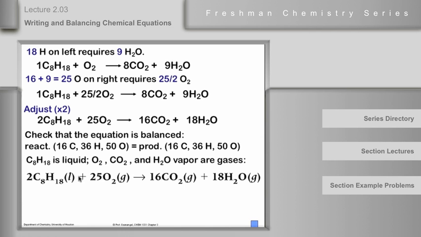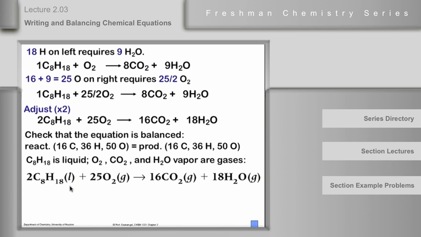So sometimes it's written with, for each one of these things, an L in parentheses or a G or an S indicating the state. That's not part of balancing the equation. Okay? And we don't necessarily expect you to be able to do that with all these things, because you might not know that octane's a liquid and not a gas, for example. But when you see it, it has that information.